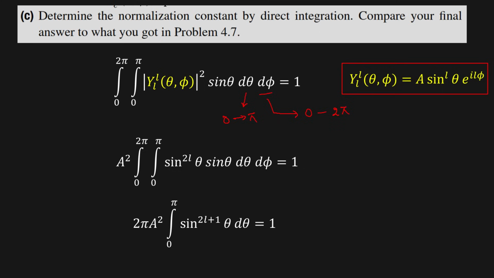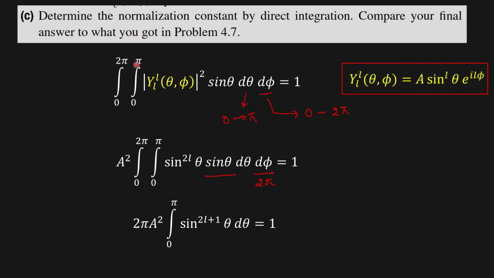Now, d pi, as I said, varies from 0 to 2 pi. So, first integral will go away with value 2 pi. So, I have multiplied this by 2 pi, A squared by 2 pi. Then, remaining integral is 0 to pi, sine 2L. Here, I have one more sine theta. So, 2L plus 1 theta d theta, which is equal to 1.